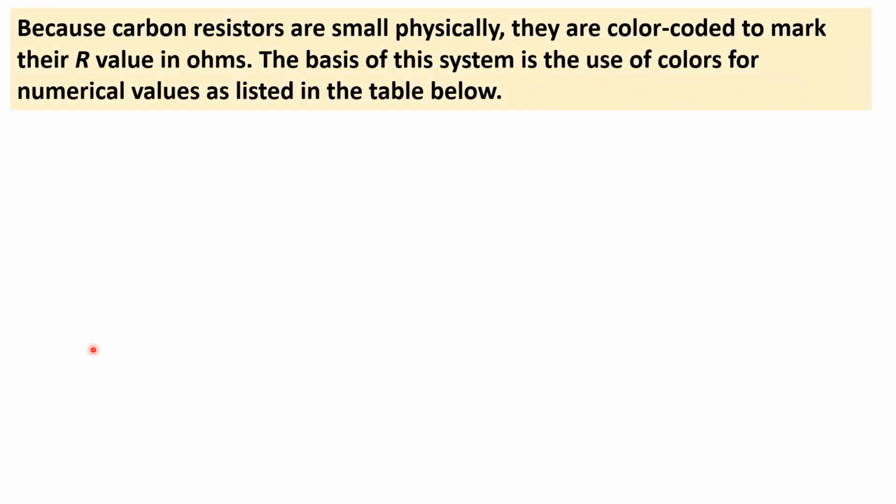So, because carbon resistors are small physically, they are color-coded to mark their R value in ohms. And the basis of this system is the use of colors for numerical values, as listed in the table below.